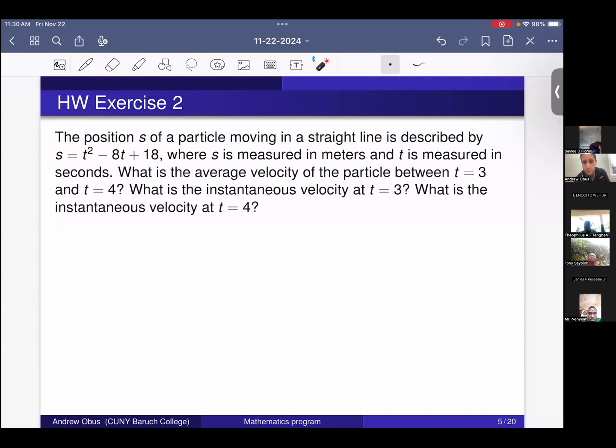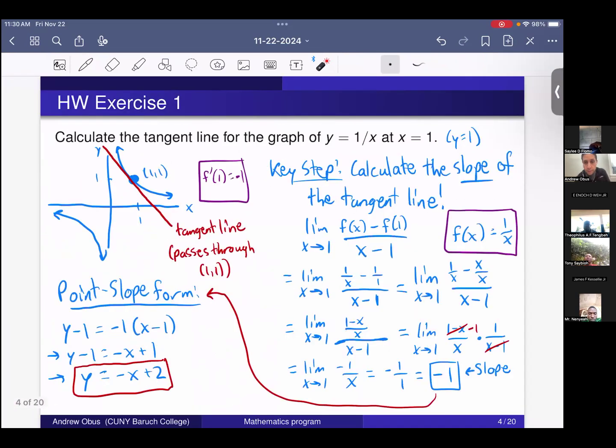Yes, question? Want to go back? Yeah, I'm talking about the derivative, and we use the limit of the function.